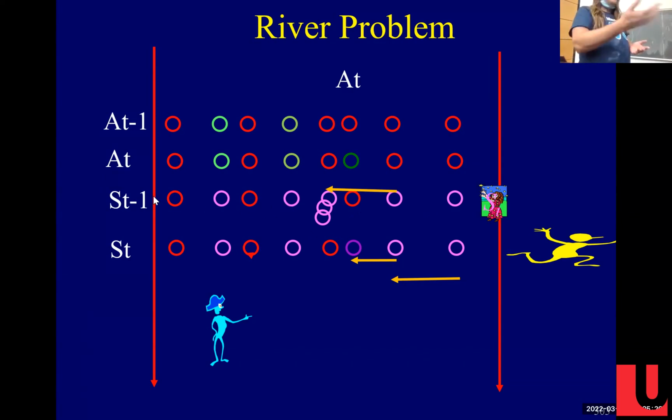So here, let's talk about the path. We know we can get to this green one. Why? Because the algorithm did. Now, how do we know we can get from here to here? Because the fairy godmother's taking this one. So we have to be worried about how we can get from here to here.